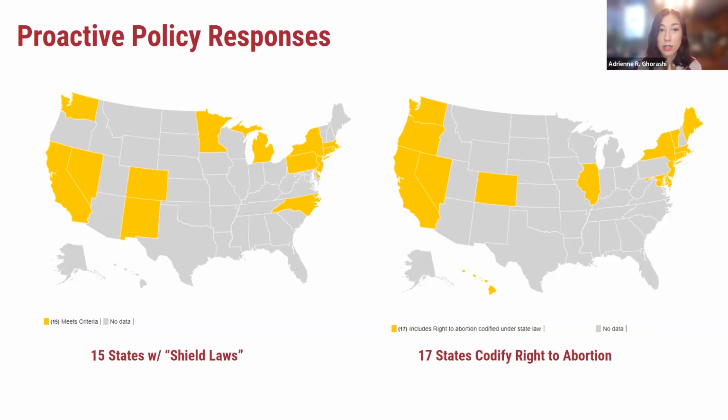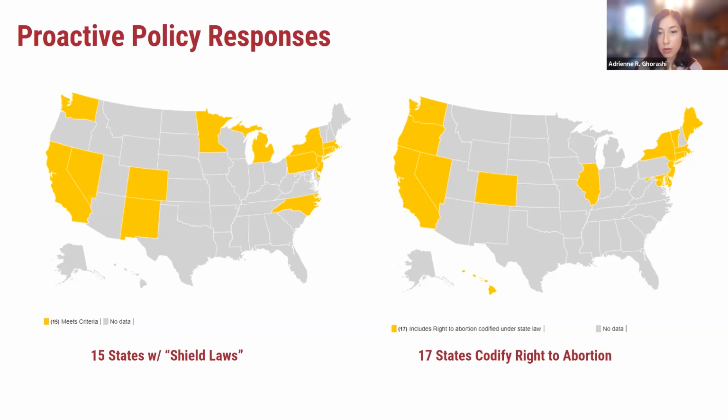This is an entirely new type of policy response that we saw specific to the post-Dobbs context. The very first interstate shield law was passed, I believe, in May of last year, and that was Michigan. Since then, we've seen these spread. The majority of these are enacted by executive order, but some of these are codified.